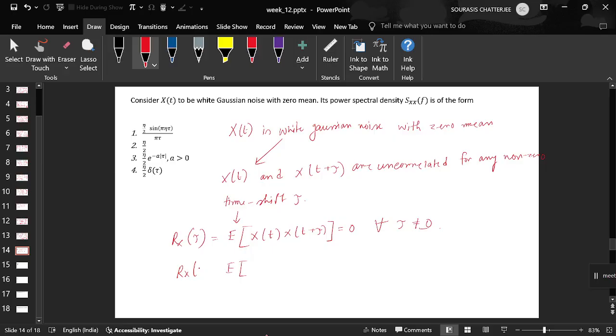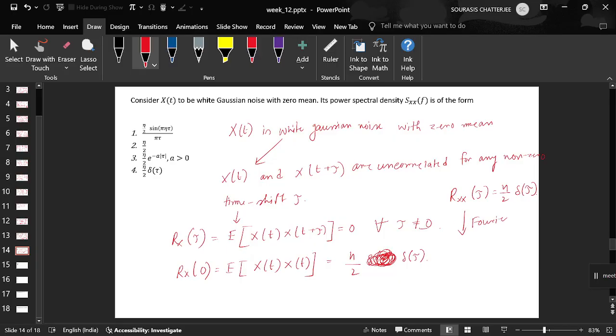The only time it's non-zero is when tau is equal to 0, that is, I am basically correlating Xt with itself with no shift, and it is given by eta over 2 Dirac delta. So therefore we can write our autocorrelation function as eta over 2 Dirac delta.